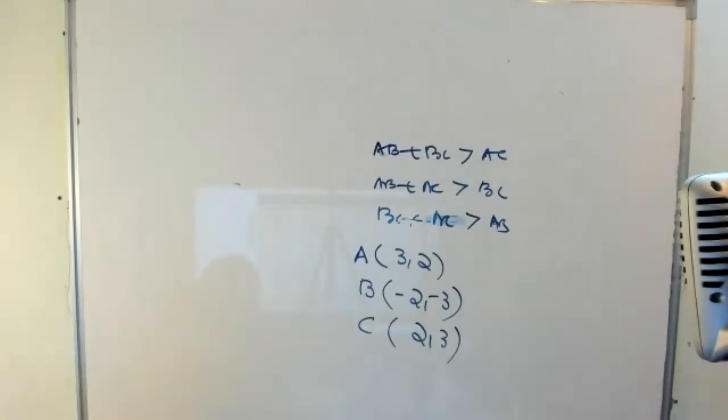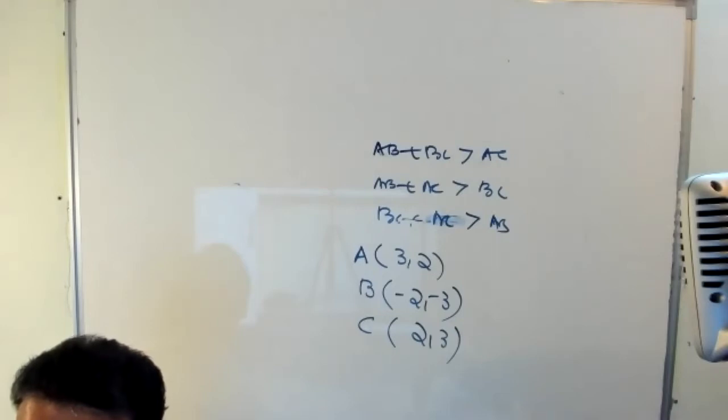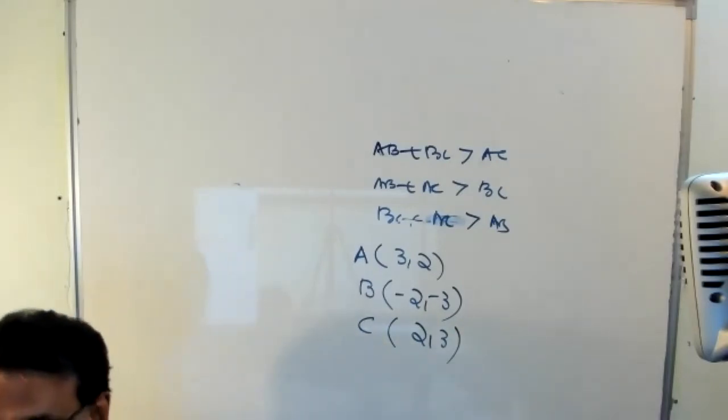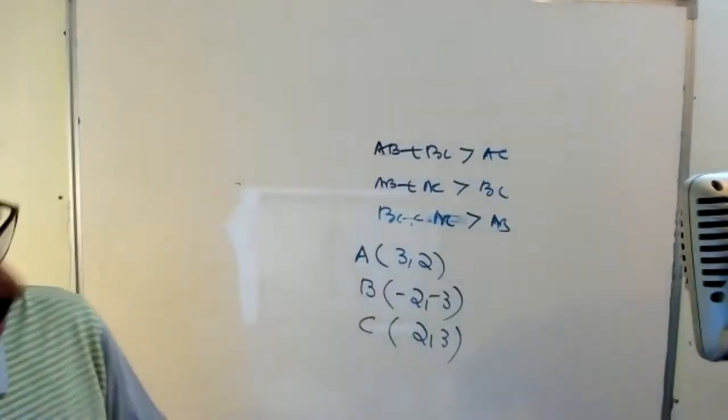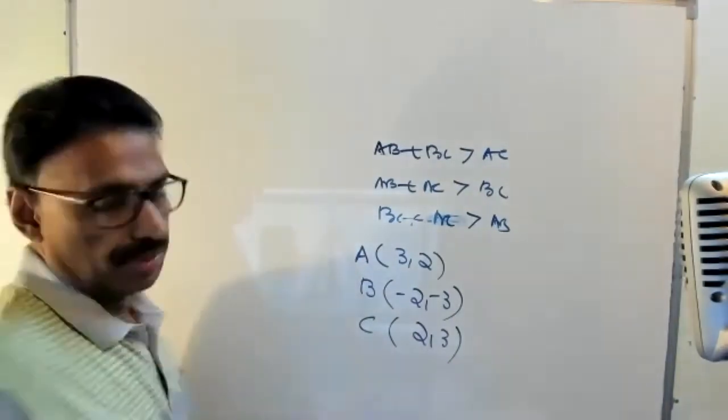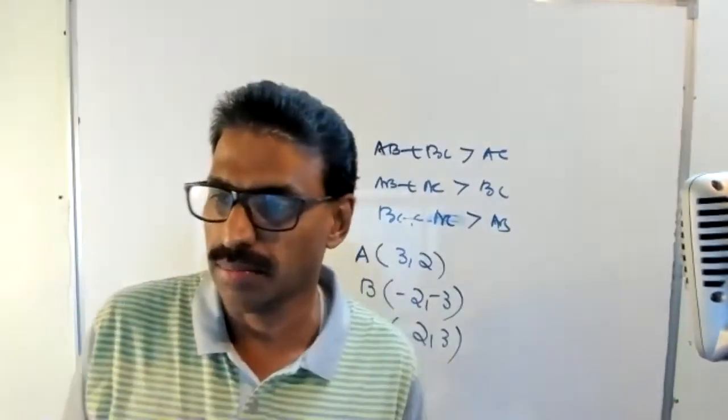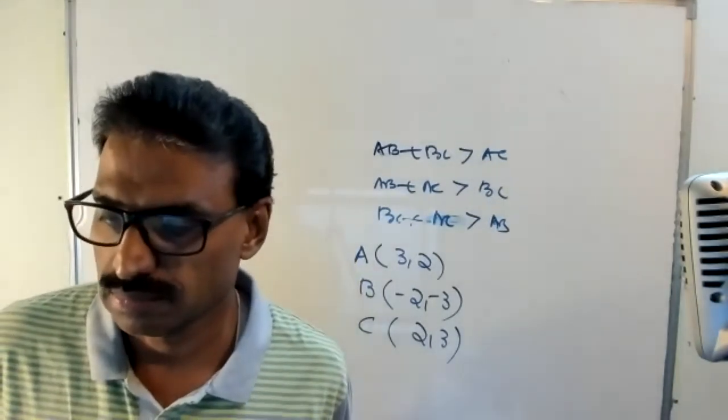Anyway, does it form a triangle or not? AB plus BC greater than AC, AC plus BC greater than AB, AB plus AC greater than BC. Someone said triangle not form, right triangle. Who said triangle not form? Come on, don't say such a cruel idea. Others? Megan, are you getting it or not?